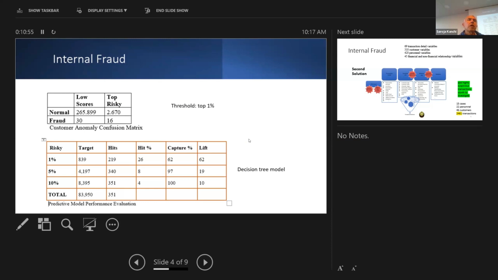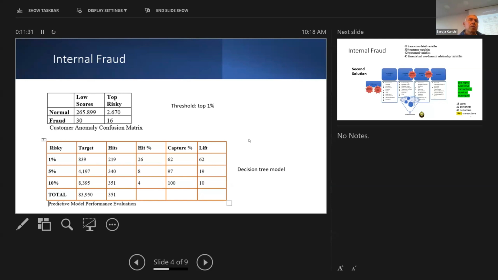But for example, when we check the top percent highest anomaly score customers, we saw that 13 of the 46 customers that were involved in fraudulent activities appeared to be in the top 1% highest anomaly customers. So we understood that even anomaly detection itself was helpful in identifying where to look.